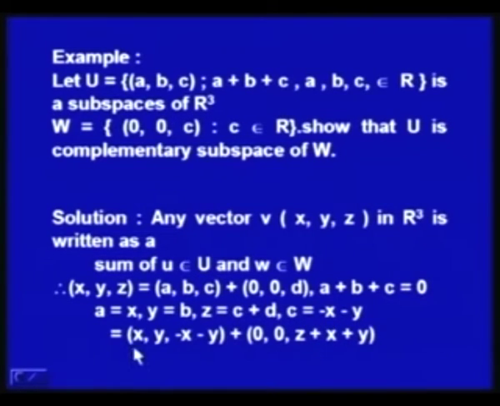From this, (x, y, z) equals (x, y, minus x minus y) plus (0, 0, z plus x plus y). So, that way we can express (x, y, z) as a combination of a vector from U and a vector from W.